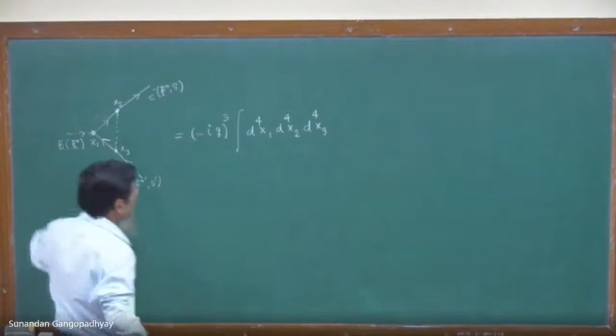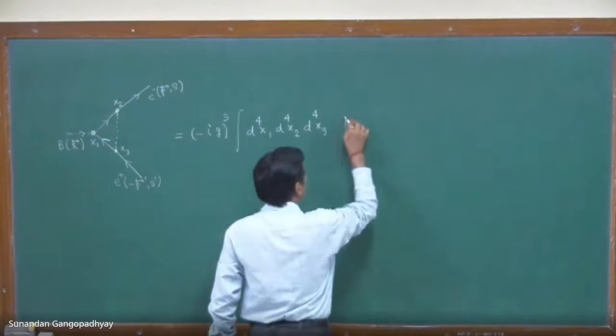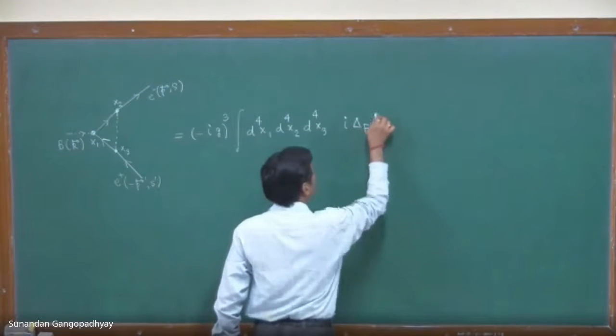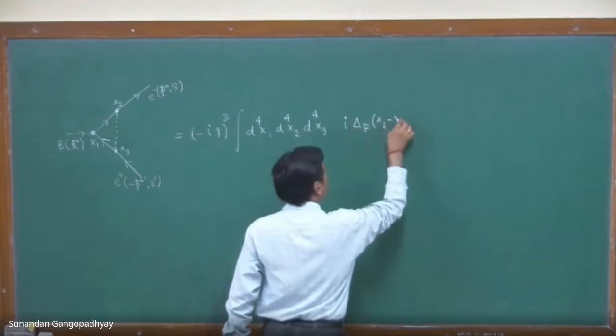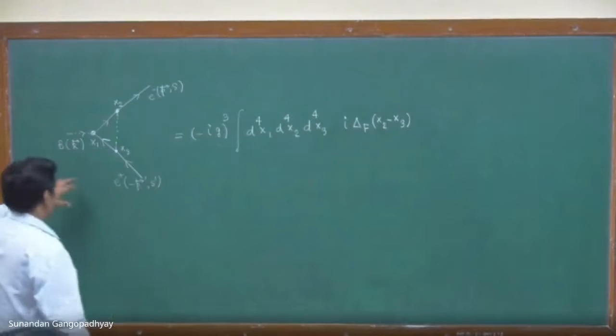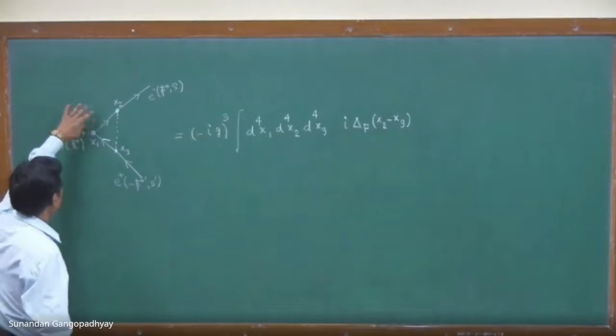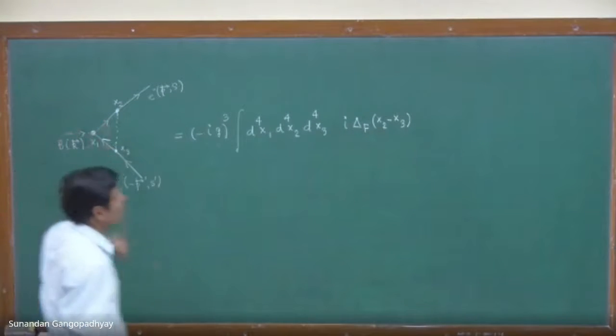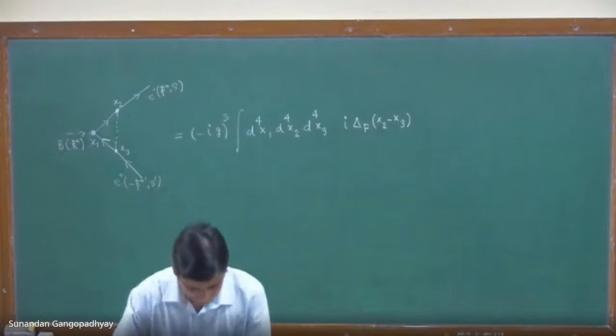Then we have a scalar field propagator, and that is nothing but i Delta_F(x2 - x3). And then we have the electron getting created at its position at x1.